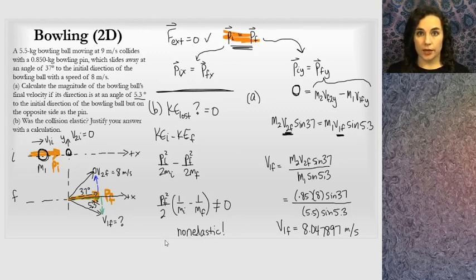And one last time, just to go over strategy for a 2D problem: notice I did my initial and final sketches, and I identified this initial momentum vector. Afterwards, when I have these angles, and if you have angles prior, you can divide your velocity vectors and thus your momentum vectors into the x components separate from the y components.